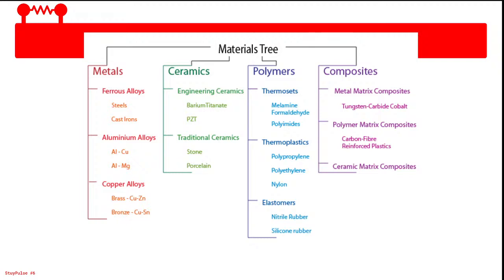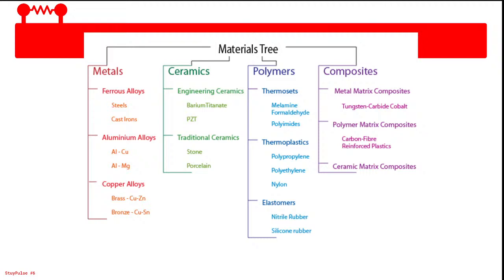So, a materials tree. When I found this the other day, I thought it was really cool. I think most of you probably took chemistry at some point, so you'll recognize ferrous alloys, some of that stuff. They come up in metals within chemistry. These are examples within each class of various materials that you'll find around.